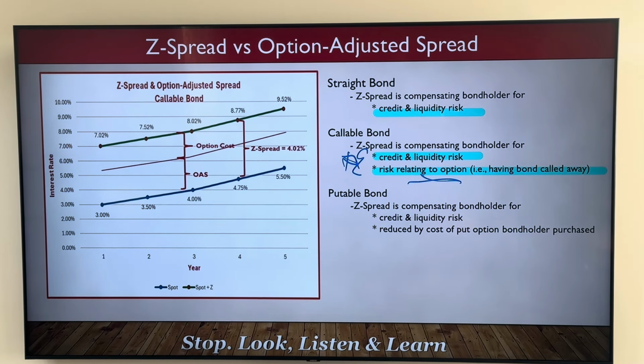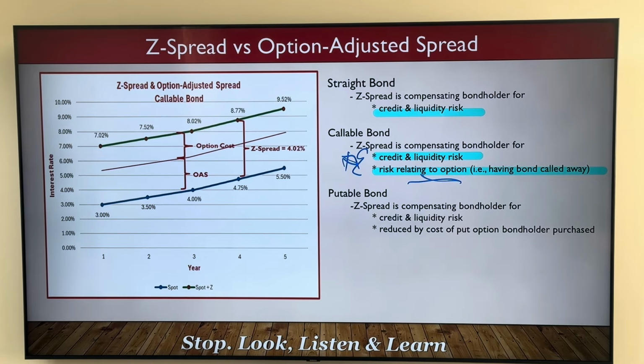So for example, if the interest rates increase and the value of my bond starts to decline below par, well, I want the right to be able to sell that bond to you at par, even though based on the higher interest rates, the value of that bond is going to be below par.